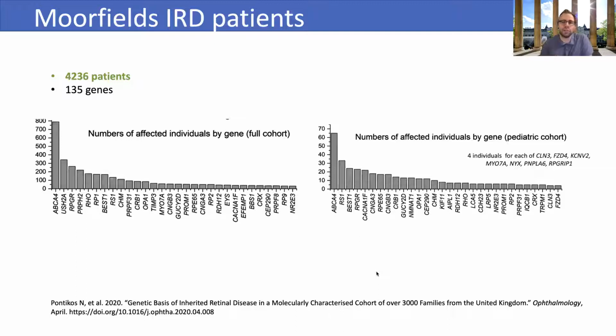One is because the age of onset of these genes differs. So for instance, USH2A-associated disease is usually slow progressing and only noticeable in later life. And the other reason is because Moorfields is primarily a hospital for adults with eye-specific conditions. And so syndromic pediatric patients are often seen in other hospitals, specialist pediatric hospitals such as Great Ormond Street.